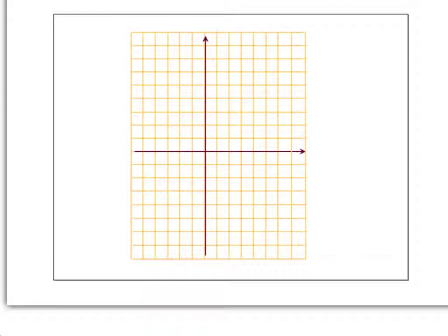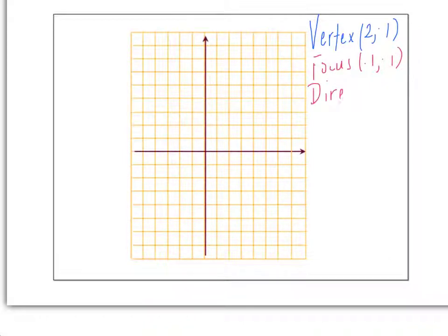Okay, so now we have a vertex of 2, -1. We have a focus of -1, -1. A directrix defined by the line x equals 5.